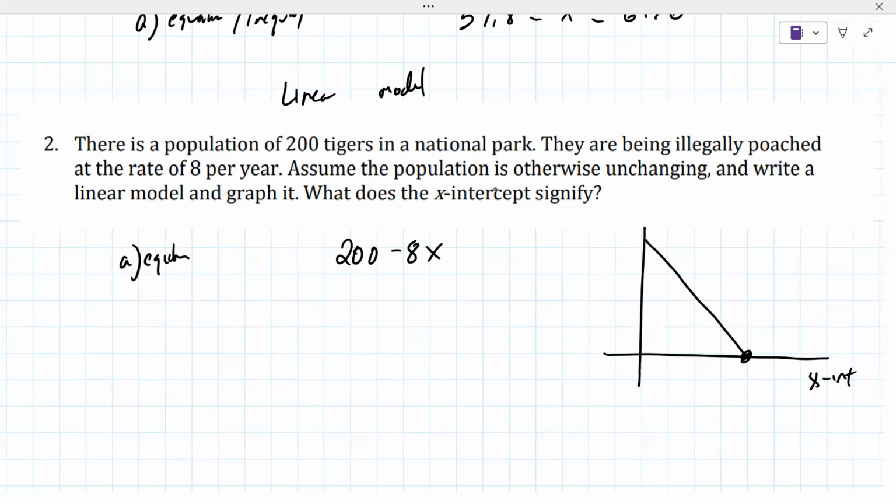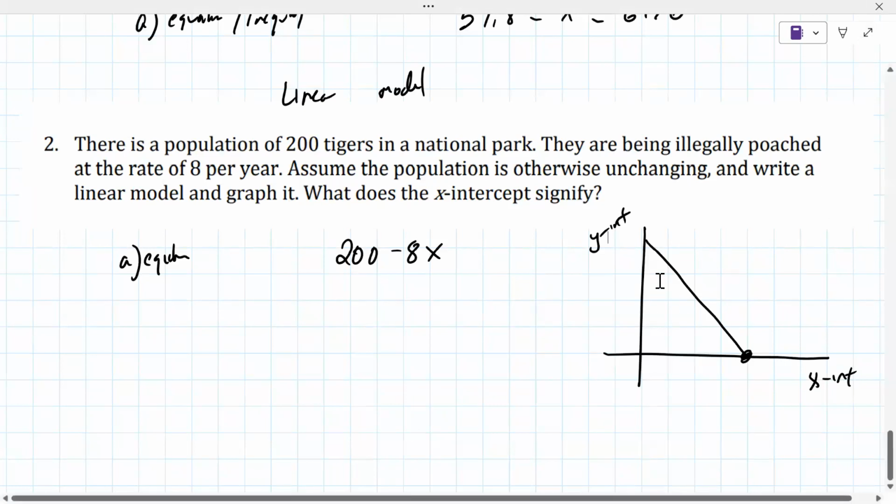What does that represent? The x-intercept.